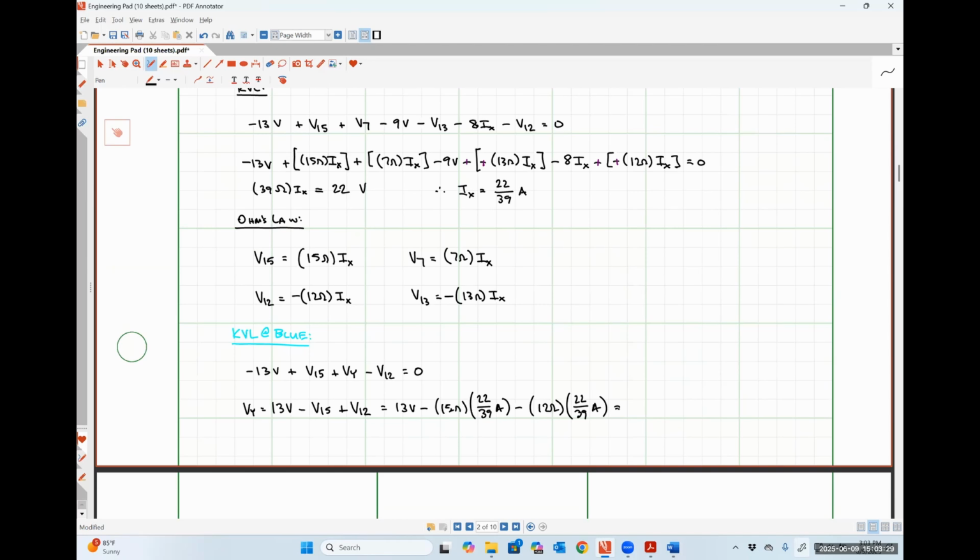And then I'm just going to throw that into my calculator. 13 minus 15 times 22 over 39 minus 12 times 22 over 39. I wind up getting that Vy is negative 29 over 13 volts, if I type that into my calculator correctly, which I believe I did.